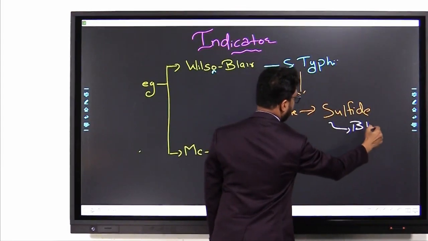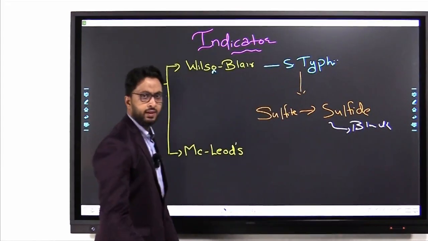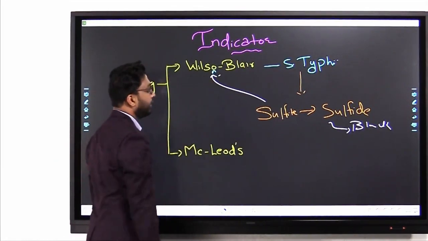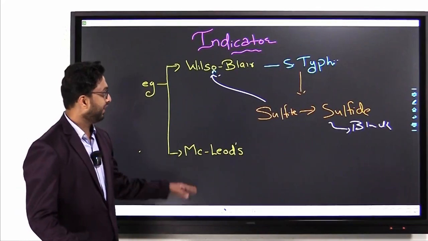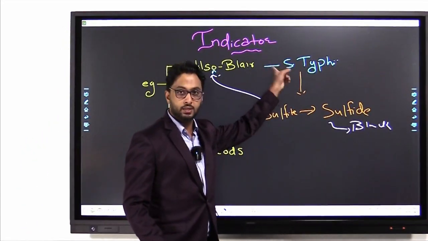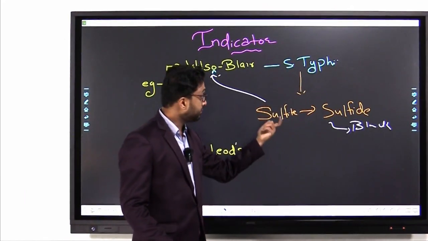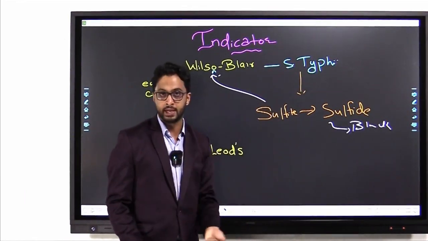So you get black colonies. Where is sulfite coming from? Wilson and Blair media provides the sulfite. So Salmonella typhi has enzymes to convert sulfite to sulfide. So if Salmonella typhi is growing, you get black colonies.